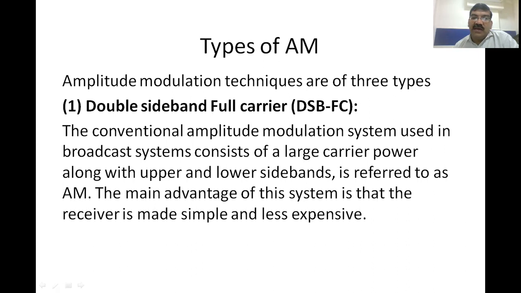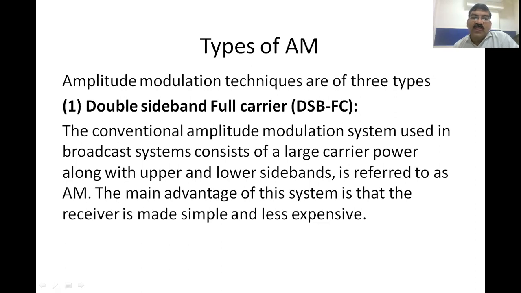The conventional amplitude modulation system used in a broadcast system, considering a large carrier power along with upper and lower sideband, is referred to as AM.